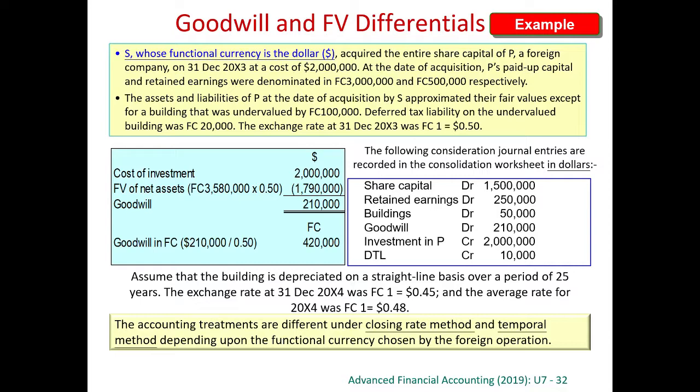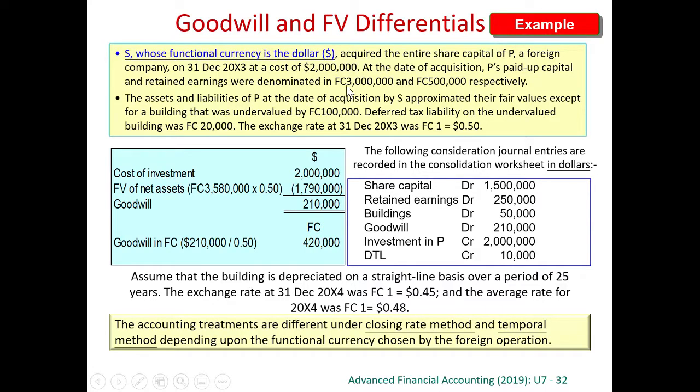Of course, we can directly calculate the same using the journal entry. On the day of acquisition, we credit the investment in subsidiary, $2 million. This is a 100% subsidiary, therefore there's no NCI. So we debit the share capital.